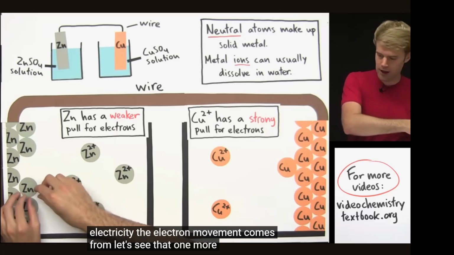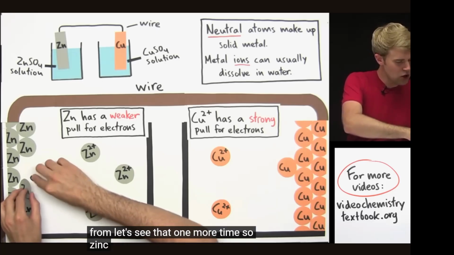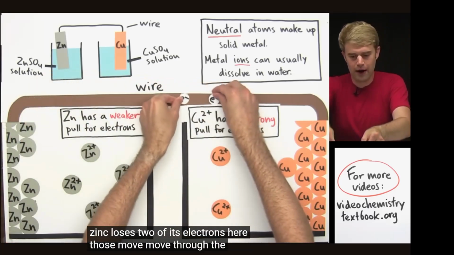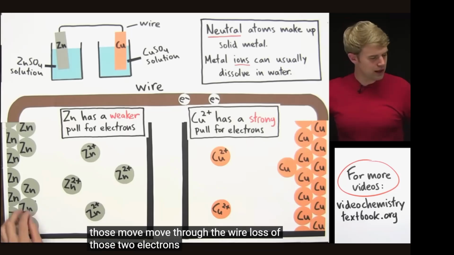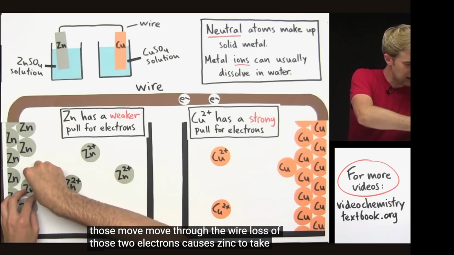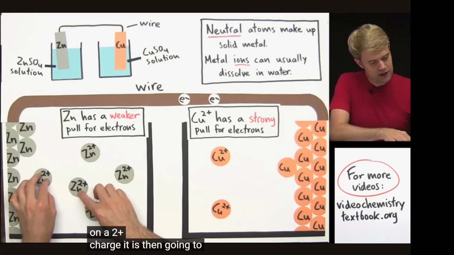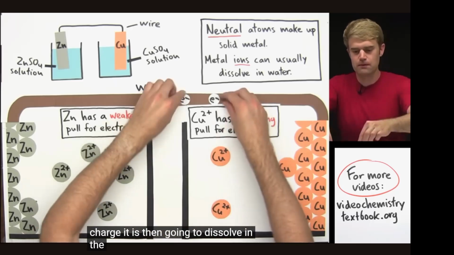Let's see that one more time. So zinc loses 2 of its electrons here. Those move through the wire. Loss of those 2 electrons causes zinc to take on a 2+ charge. It is then going to dissolve in the solution.